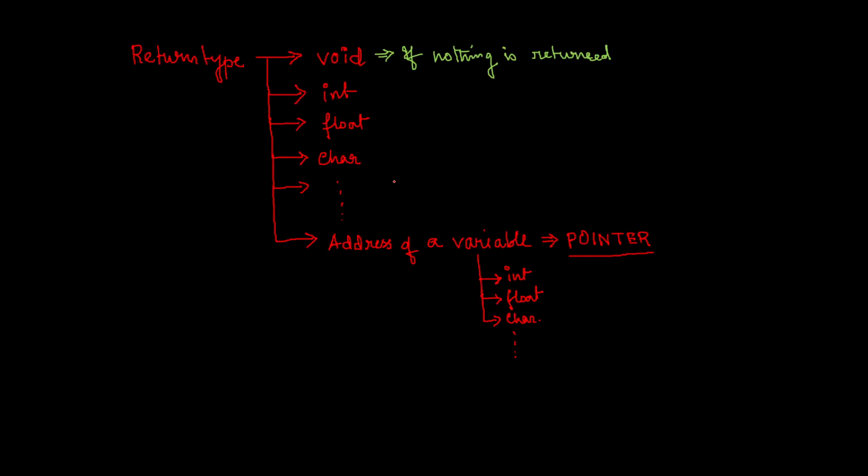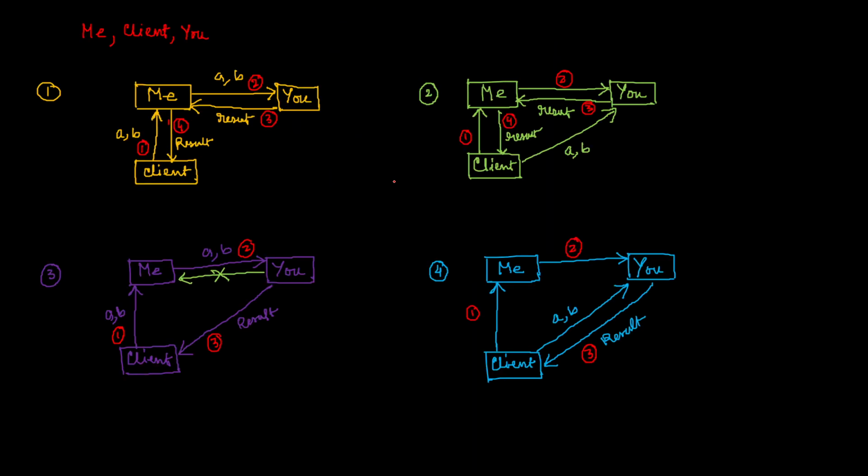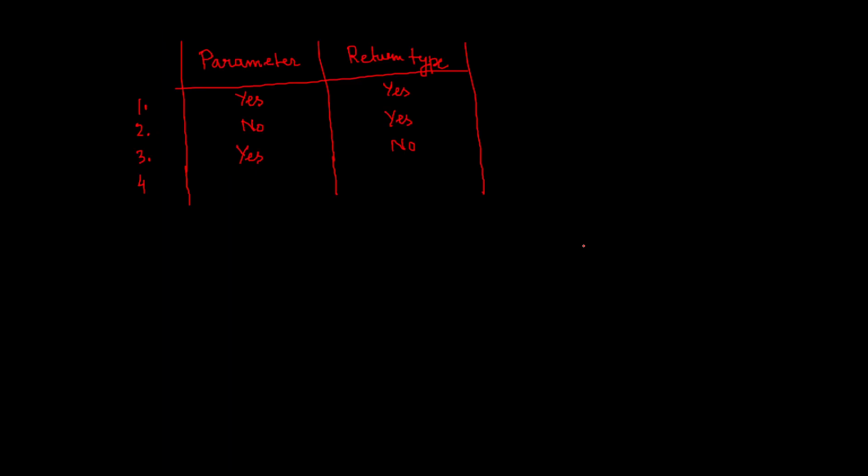And case 4 is actually the simplest case: there is no parameter and there is no return type. Since it is either yes or no, naturally it's not possible to have a fifth category of function.